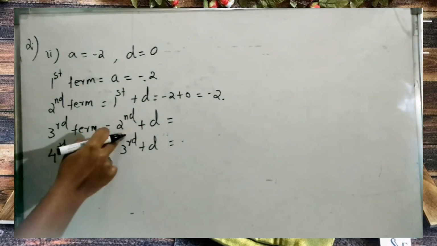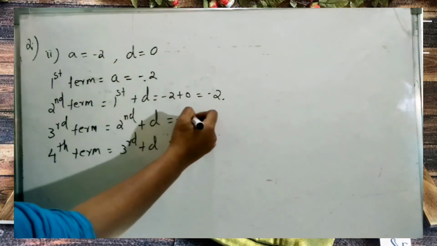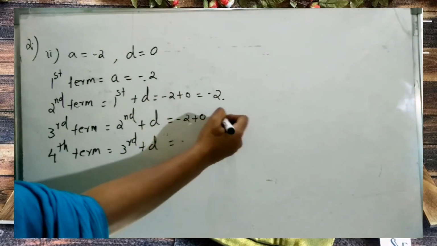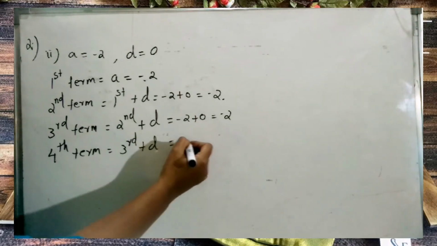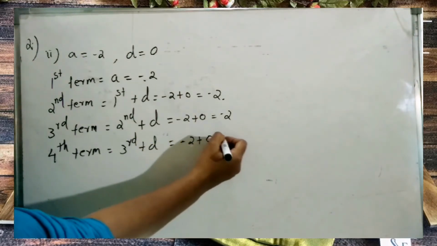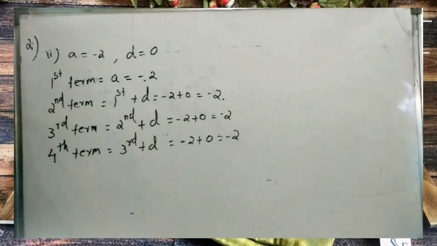Now the third term is second term plus D, so minus 2 plus 0, that is minus 2. The fourth term is third term plus D, so minus 2 plus 0 is minus 2. Hence the four terms of the given AP are minus 2, minus 2, minus 2, minus 2.